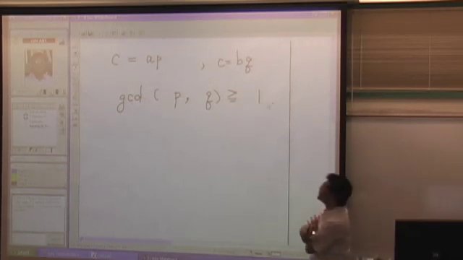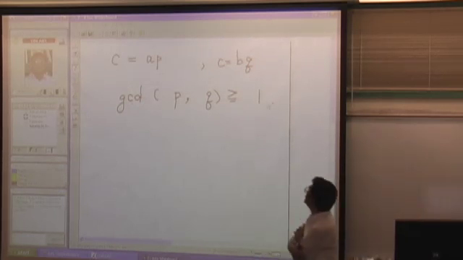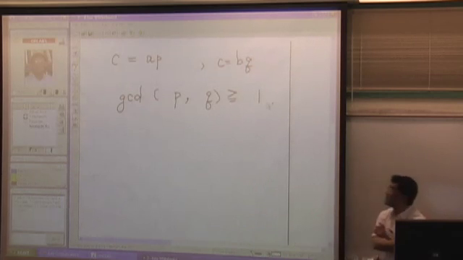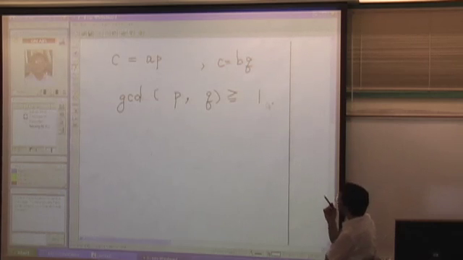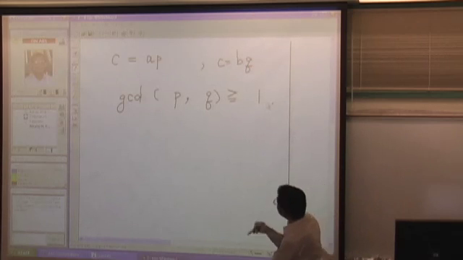In other words, C is a common multiple of A and B, so C equals A times some number, and then B times some number.